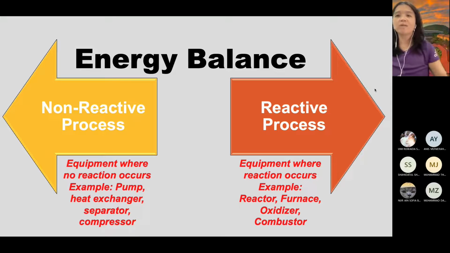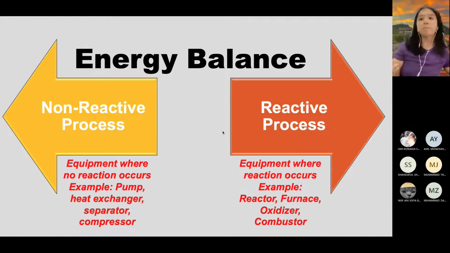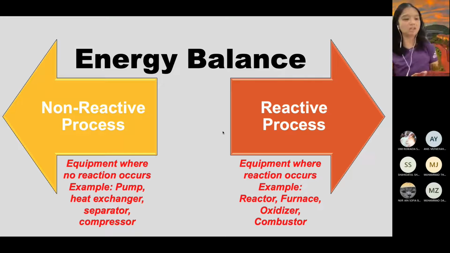So saya ada about 40 minutes, so I have to rush a little bit. Tapi dia tak susah pun sebenarnya. Okay. Tetapi same concept like mass balance calculation, you must calculate differently depending on whether your equipment is reactive or non-reactive. For example, if you're talking about reactor, furnace, combustor, oxidizer, this is reactive process.